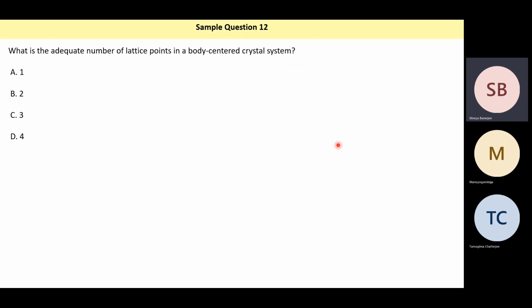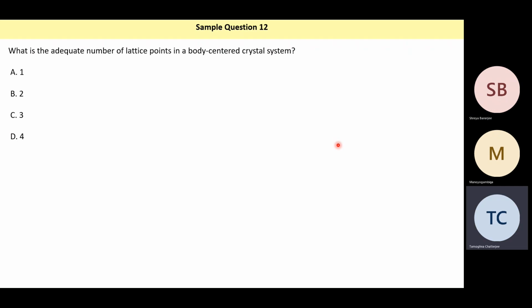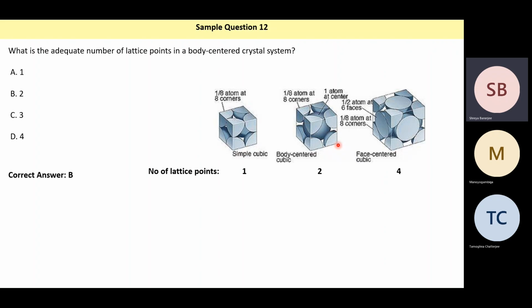Next is, what is the adequate number of lattice points in a body-centered crystal system? 2. Yeah, so how that is calculated is basically, if you look at a simple cubic system, each of the lattice points is actually 1/8 of a total atom.